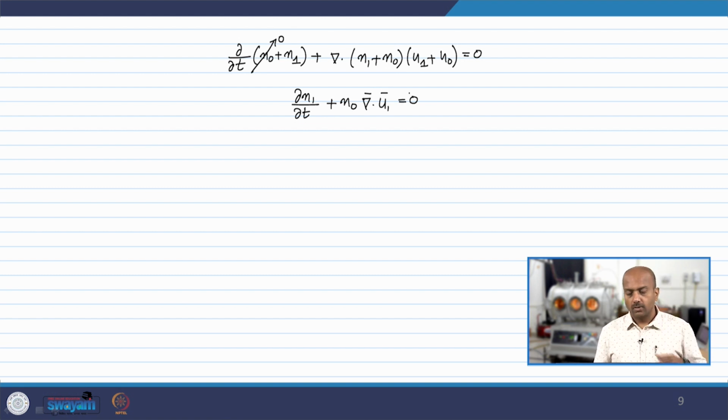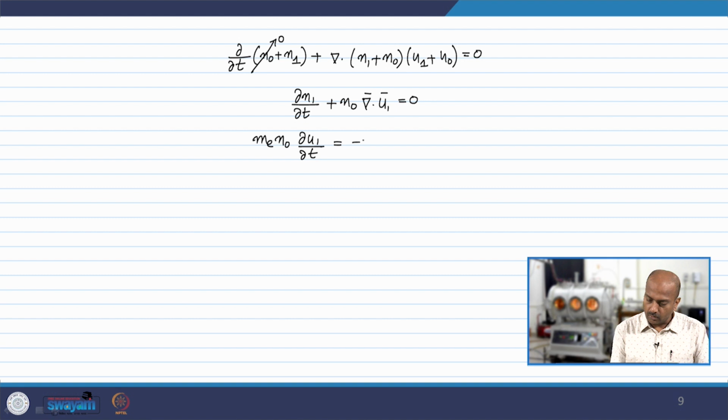Similarly, we can use the perturbation for the momentum equation as well, and we can write the momentum equation as m e n naught dou u 1 by dou t is equal to minus e n naught E 1 minus 3 k B T e del n 1.